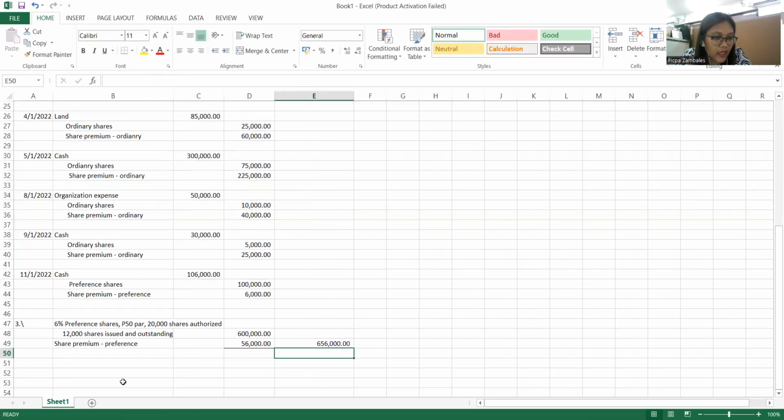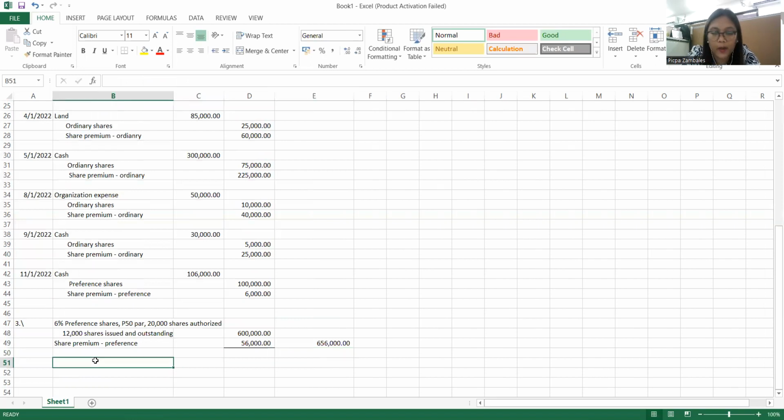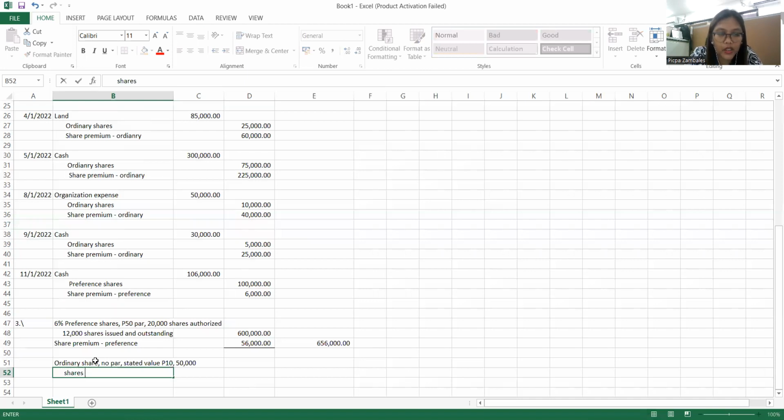Okay, then next, let's have the ordinary shares. So you will write no par. Wala siyang par value, di ba? Stated value of 10 pesos.